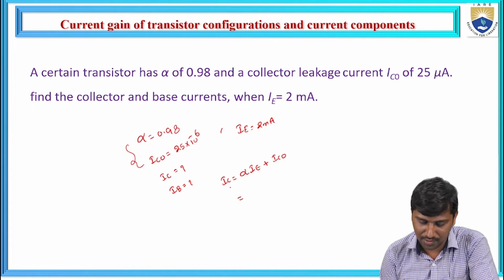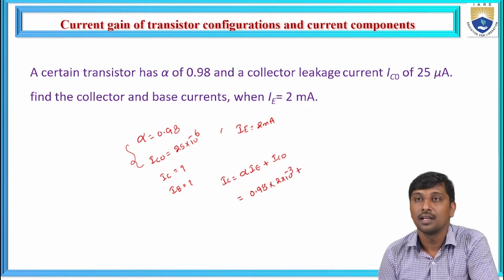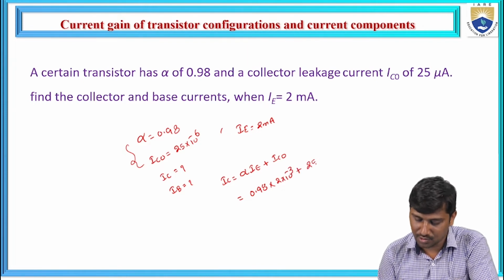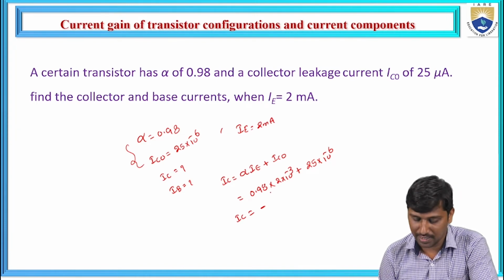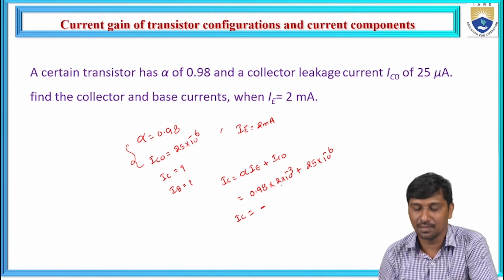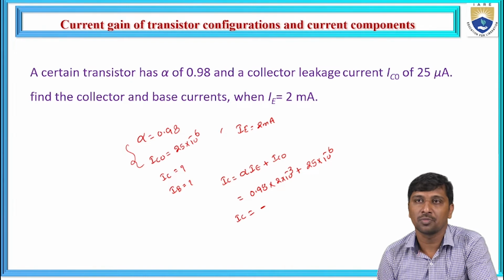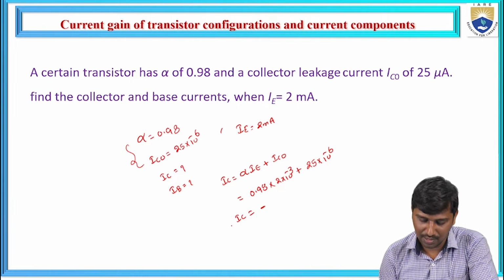Hence, you can substitute: alpha value is 0.98, IE value is 2 milliamperes, plus the reverse saturation current of 25 microamperes. Now we can solve this. 0.98 into 2 into 10 to the power of minus 3 plus 25 into 10 to the power of minus 6 gives the IC value. So this is the IC value.